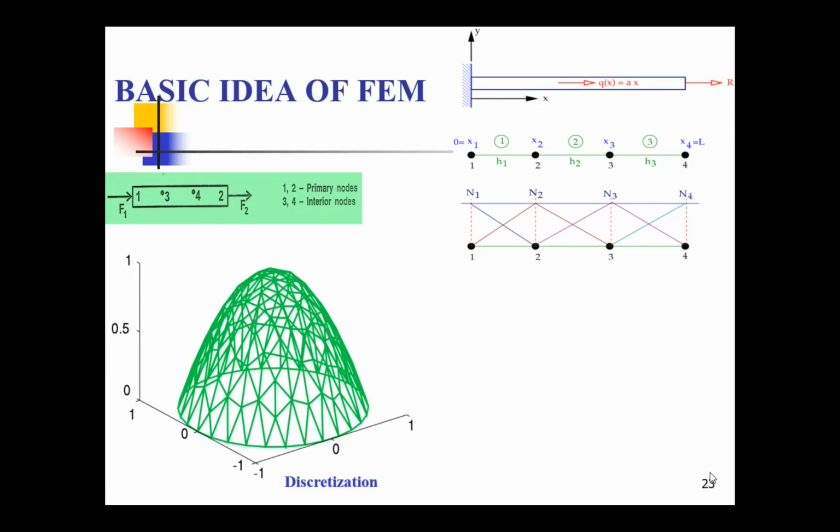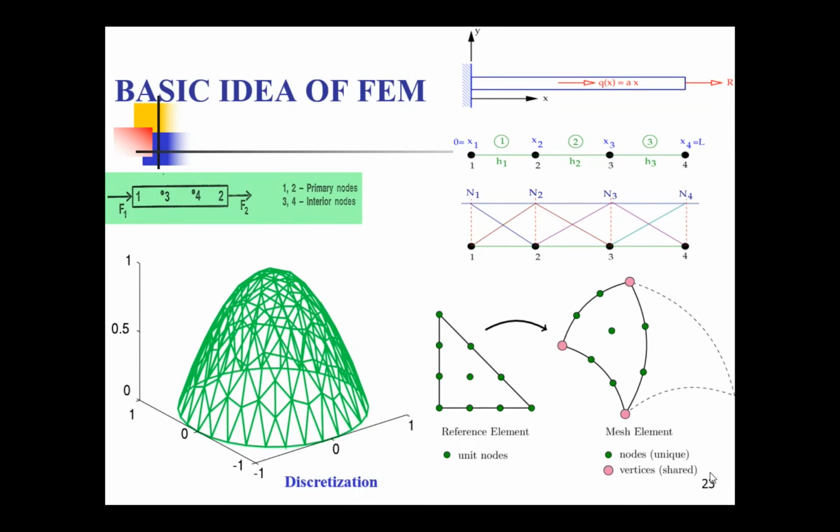Now look at this component. This is how we are going to discretize. This is like a dome. This dome is discretized into numerous triangular elements. So the reference element is the triangular element. Each and every dot is my node.